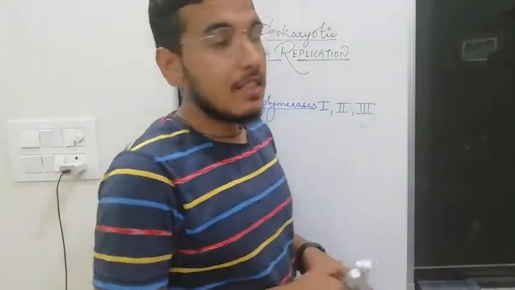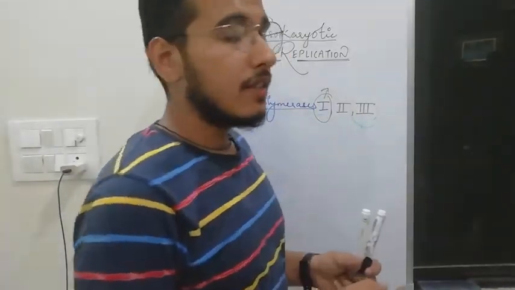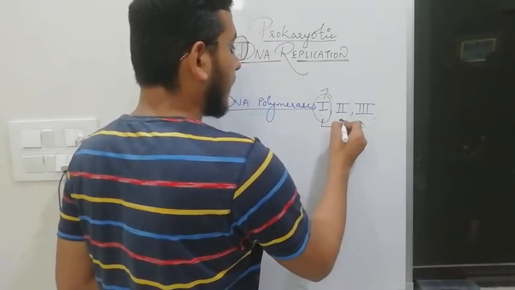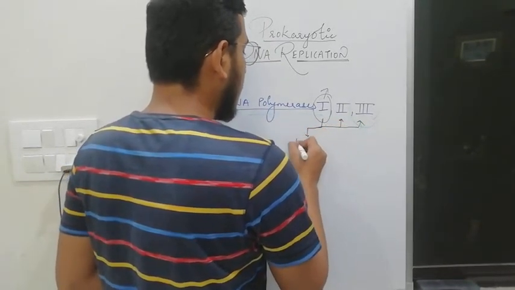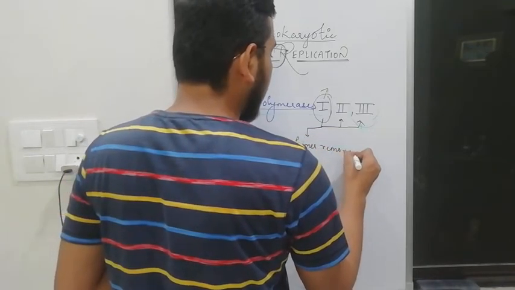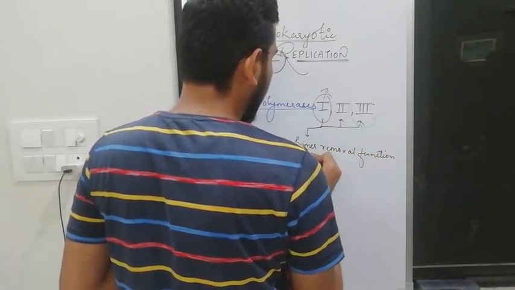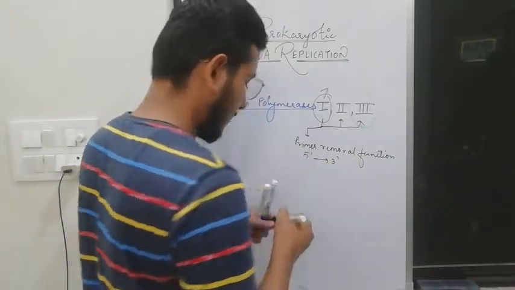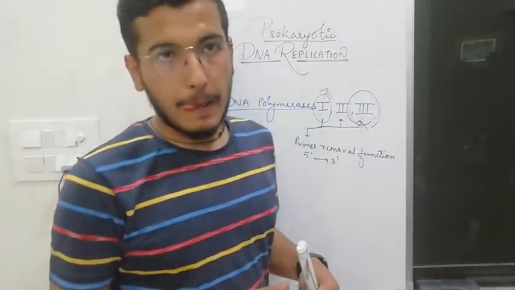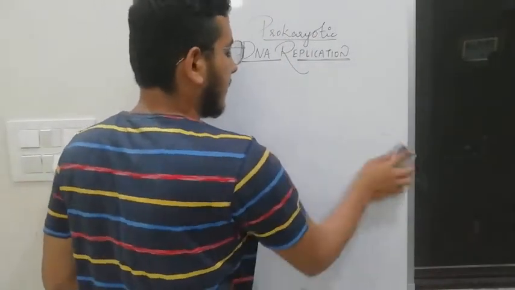But when we see the function of DNA polymerase 1, we'll notice it can perform the function of 2, and also one more function, primer removal, 5' to 3' exonuclease, which DNA pol 3 lacks.